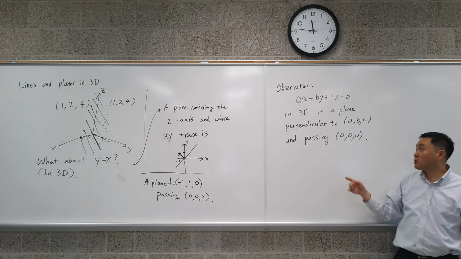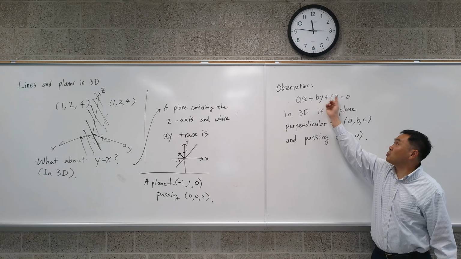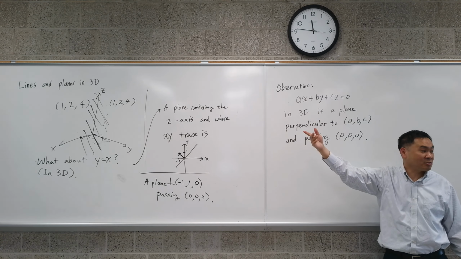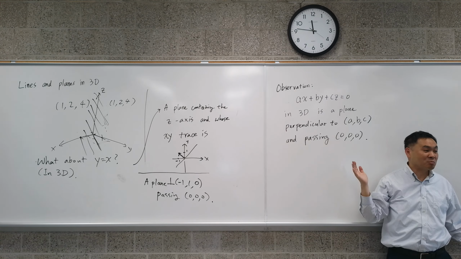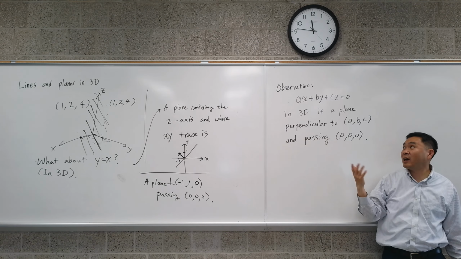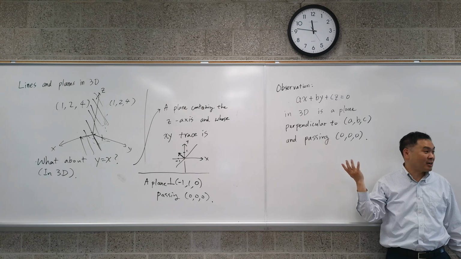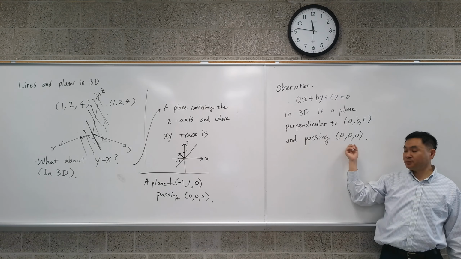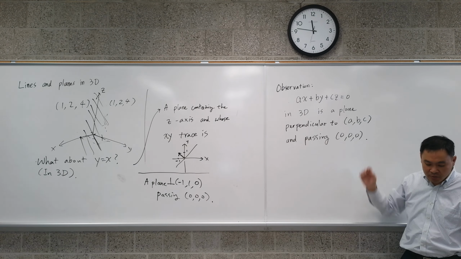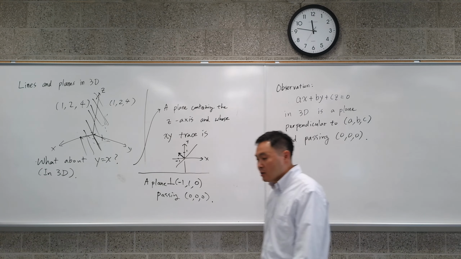Now, what if we plug in 1, 1, 1? Well, if I plug in 1, 1, 1, then that says a + b + c = 0. And that would only be true if indeed a + b + c is 0. So for example, if a, b, c were all 1s, then 1, 1, 1 could not be a point on the graph, right? So that's the first thing that's easy to see.